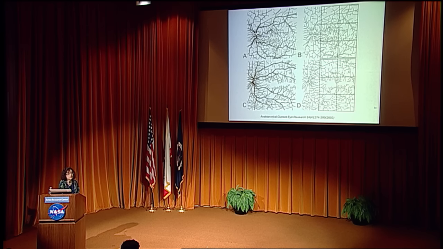Diabetic retinopathy is the major blinding disease for working aged adults. So taking these approaches, we did see that indeed there was strong vessel dropout in the central region of the retina, the macula, which is very important for human and primate vision.